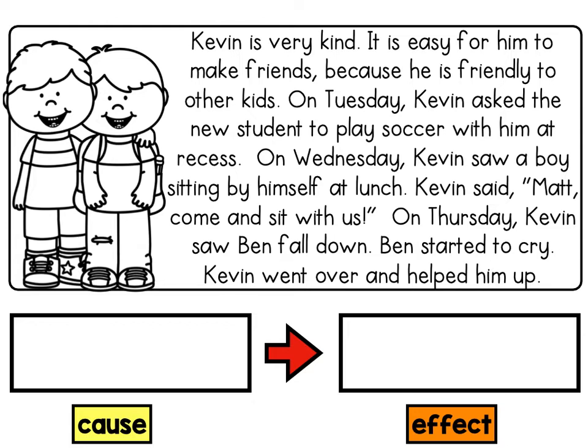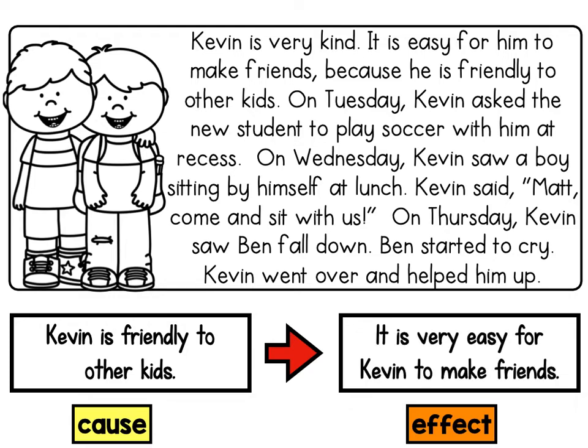But why is it easy for Kevin to make friends? It's easy for him to make friends because he is friendly to other kids. So the cause: Kevin is friendly to other kids. And because Kevin is friendly to other kids, it is very easy for Kevin to make friends.